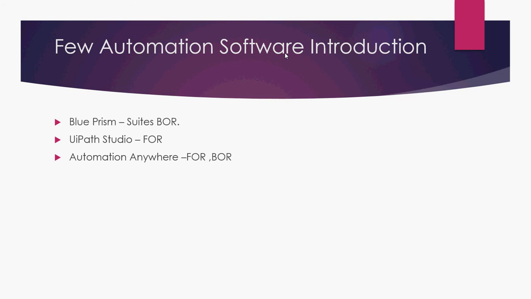BOR is nothing but back office robots, which can handle or perform bulk records. Then UiPath Studio, that is for front office robots, as I mentioned before, like setting up a call in a single click, or sign on or sign in functionality for an application in a single click. For those purposes, you can use UiPath Studio.